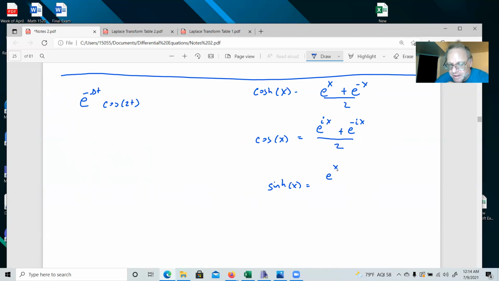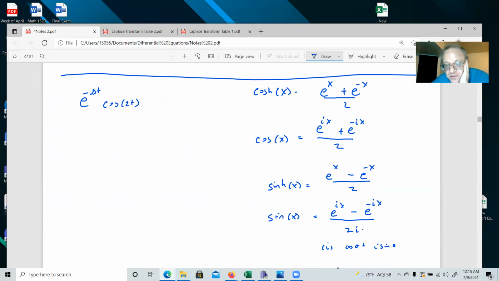Okay, this is e to the x minus e to the negative x over 2. But sine x is equal to e to the ix minus e to the negative ix over, it's a little different, 2i. Okay, so if you're ever wondering why it is cosine theta plus i sine theta, this is because the i cancels with this i. So yeah, that is how the relationship between sinh and sine and cosh and cosine goes.